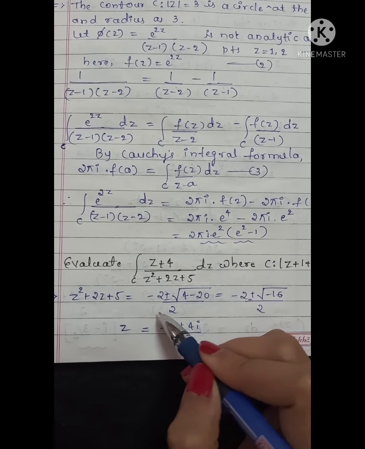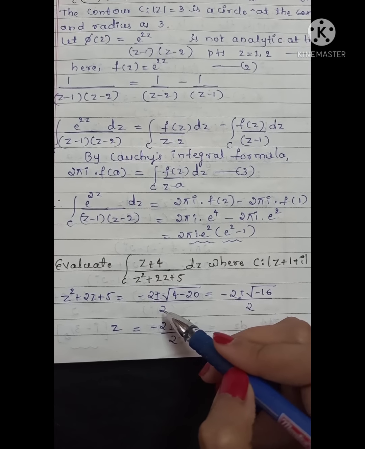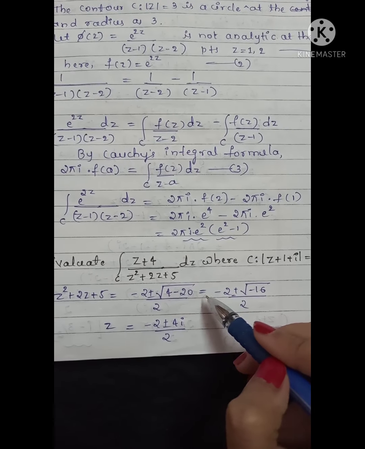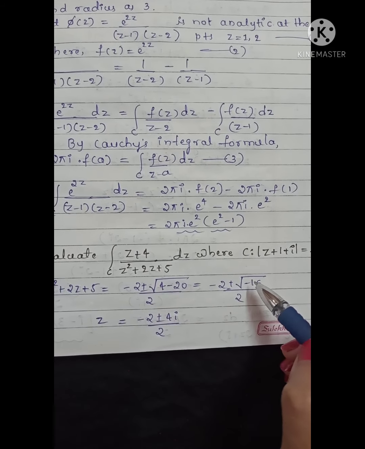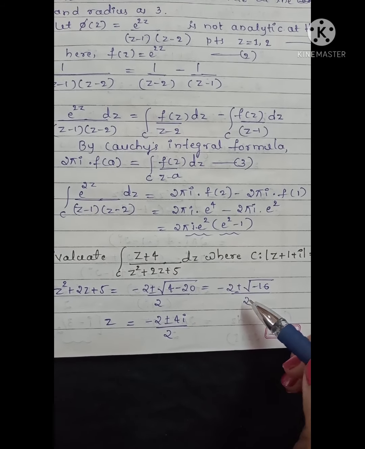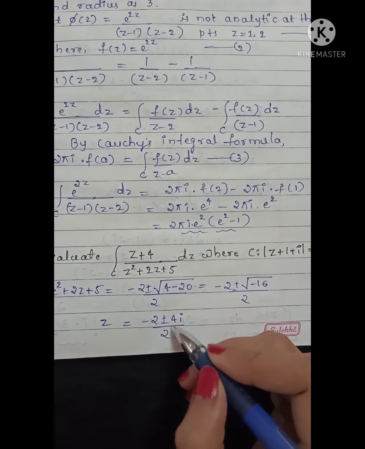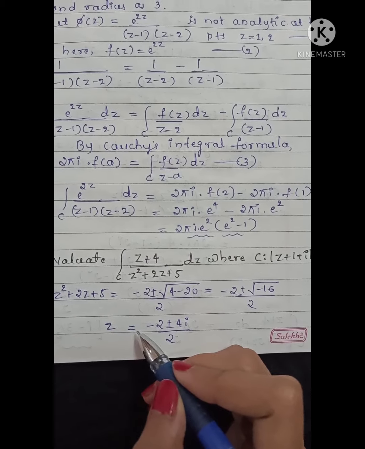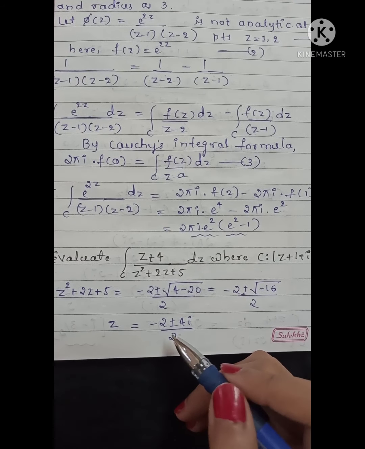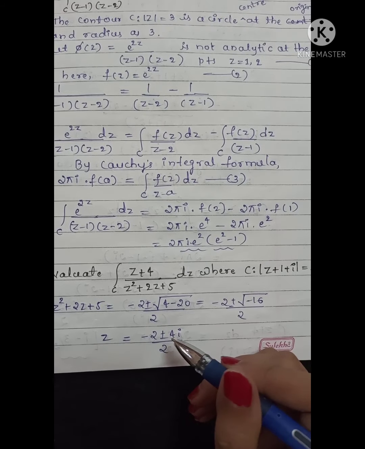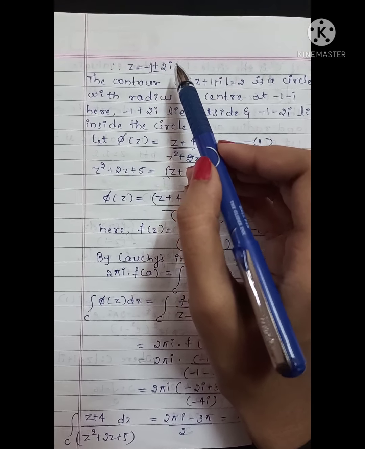Its value is 20 divided by 2a, here a value is 1, therefore 2a is 2, which is equal to minus 2 plus or minus the square root of minus 16, divided by 2. The square root of minus 16 can be written as 4i. Therefore, z is equal to (minus 2 plus or minus 4i) divided by 2. On taking 2 common, we get z is equal to minus 1 plus or minus 2i.